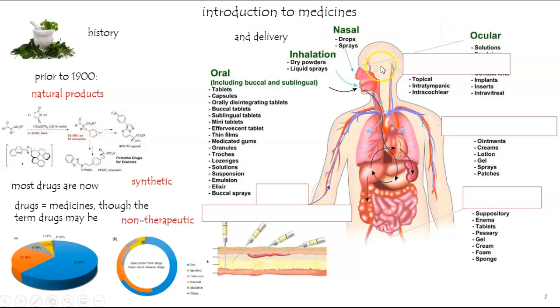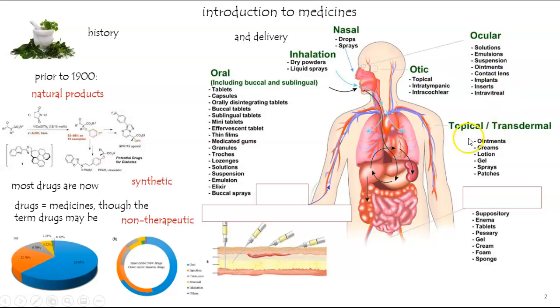You could go through the eye. That's ocular. The ear. That's otic. The skin in general, topical or transdermal, depending on how deeply you're going. Creams and lotions are common for this. Oftentimes these are a great method for delivery over time.